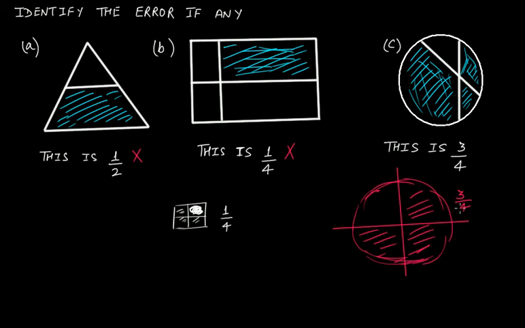But this is definitely not the case where this circle has been divided into equal parts, therefore it's also an error. So that is the important thing, right?